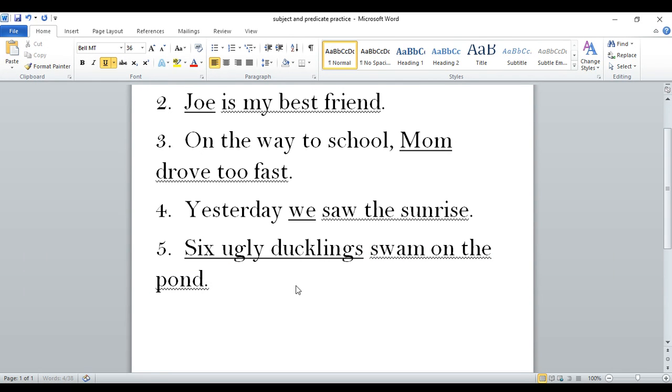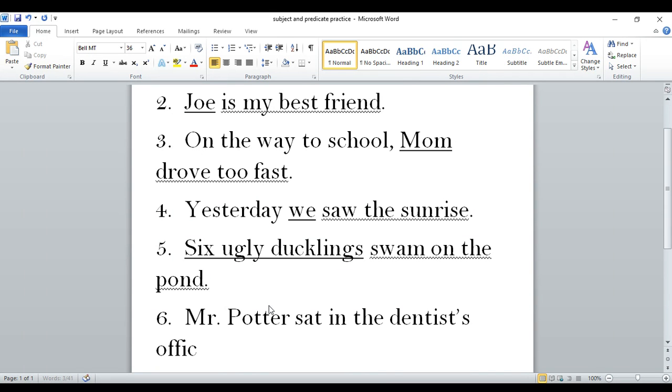So you might have a sentence like this. I don't want to underline all this, so I'm going to turn that off. Mr. Potter sat in the dentist's office.